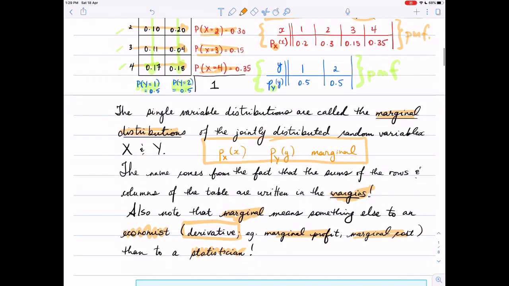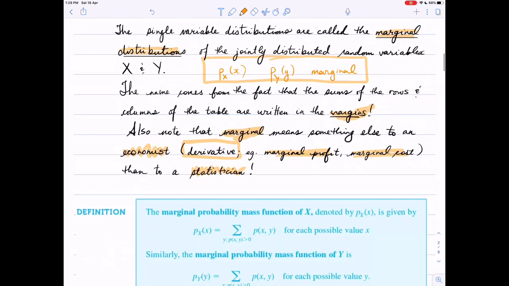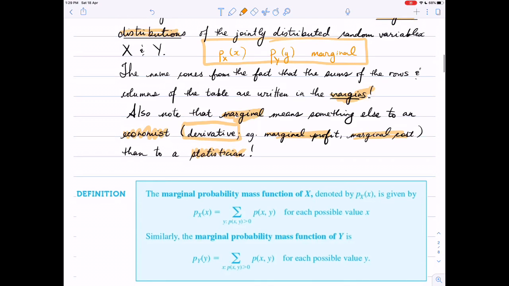So after that example, let's look at the formal definition. The marginal probability mass function of x, denoted by p sub capital X of little x, is given by the sum over all y values, all of them.